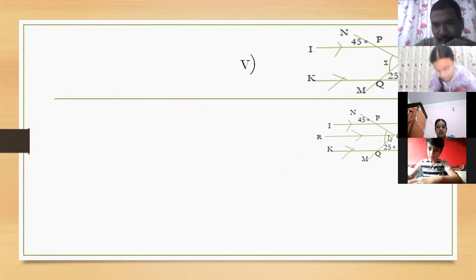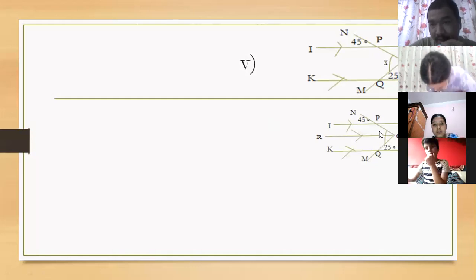Okay, children. Now, this angle x is divided into how many angles? Look there. Two angles, one upper and another lower. In such a case, what do we have to do? This upper angle is a corresponding angle with 45 degrees, and the lower angle is an alternate angle with 25 degrees.